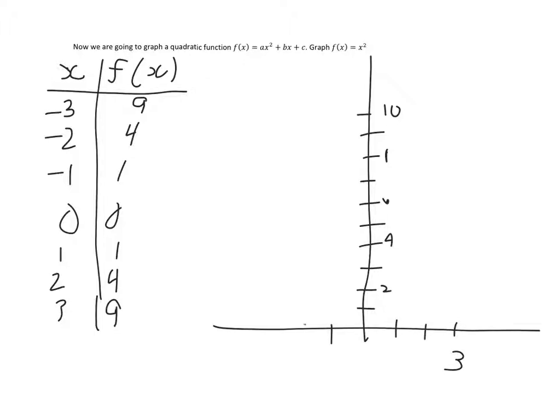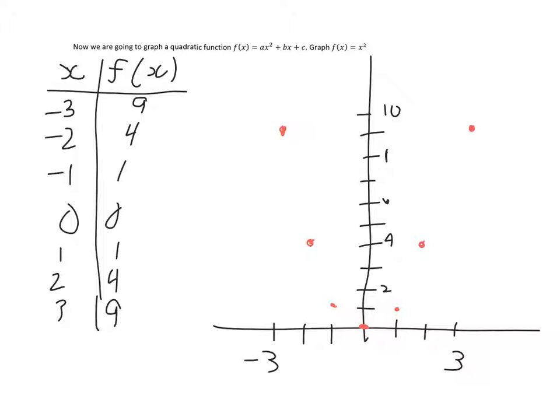And then just -3 to +3 for our x-axis. Let's start plotting our ordered pairs. So -3, 9 is our first ordered pair. -2, 4. -1, 1. 0, 0. 1, 1, 2, 4. 3, 9.